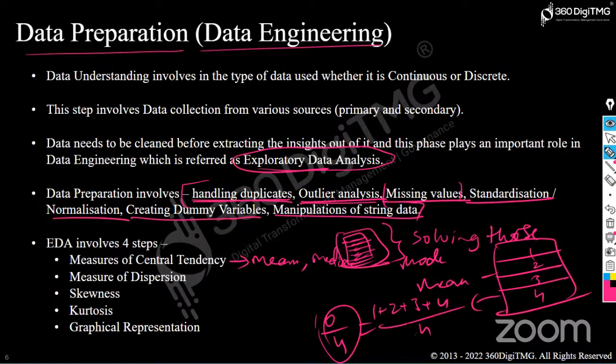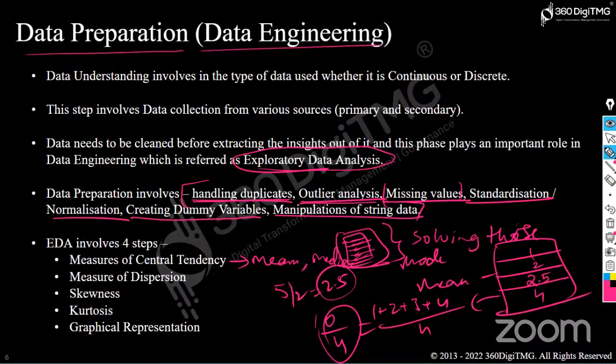You just need to see that nothing is missing here. If something is missing, you can just update this value. So 10 by 4, again I'll make it 5 by 2, so it becomes 2.5. So this 2.5 will be updated here in the place of the missing value.